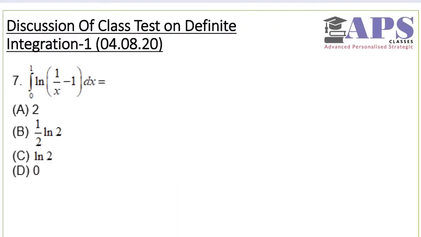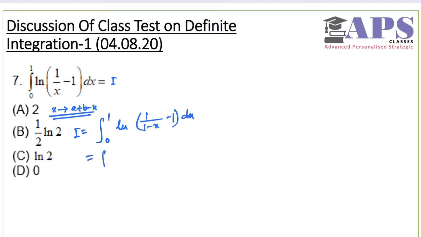In question number 7, if I apply x is replaced by a plus b minus x, if I apply this property and consider this as I, then also I is equal to integration 0 to 1 log of 1 by 1 minus x minus 1 dx, which gives integration 0 to 1 log of x by 1 minus x dx, which is 0 to 1 log of 1 minus x by x.